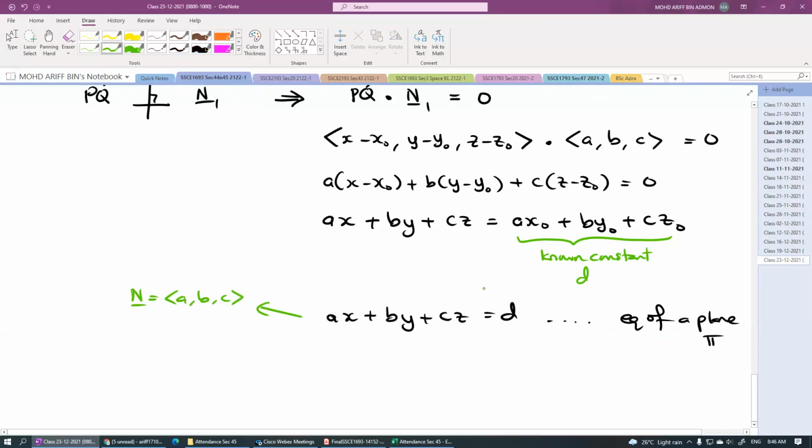My next question, can we get a point on this plane from this equation? Let's say if you are having just 10 here, is it possible you can get your point on the plane? Class, is it possible?